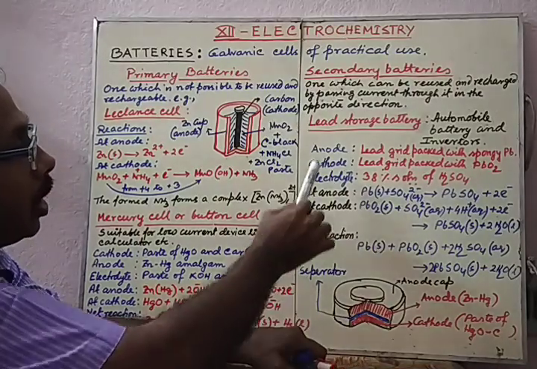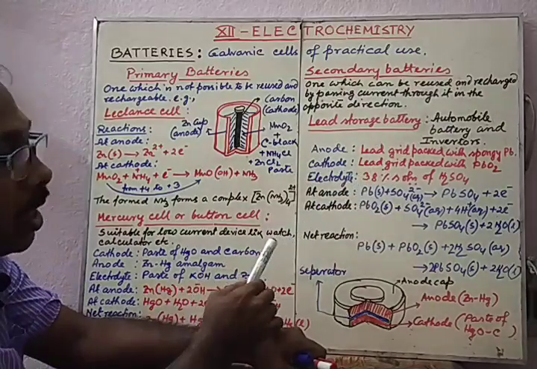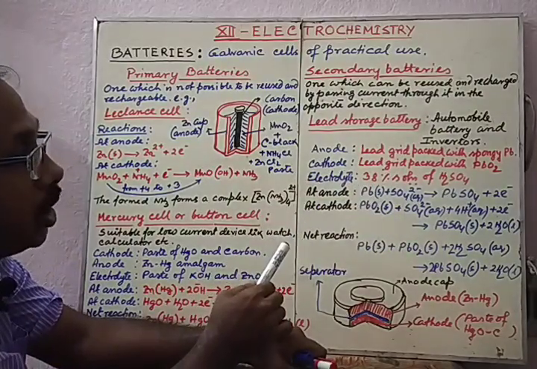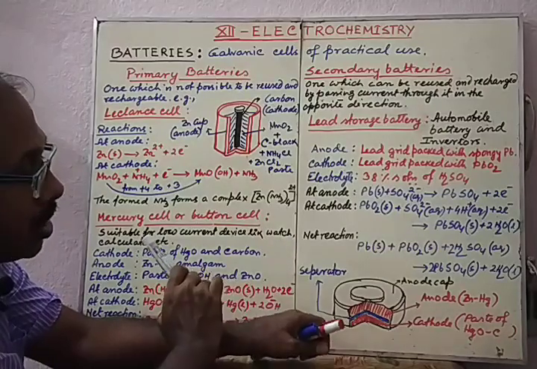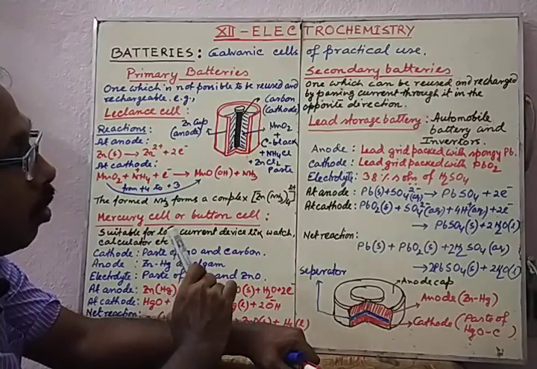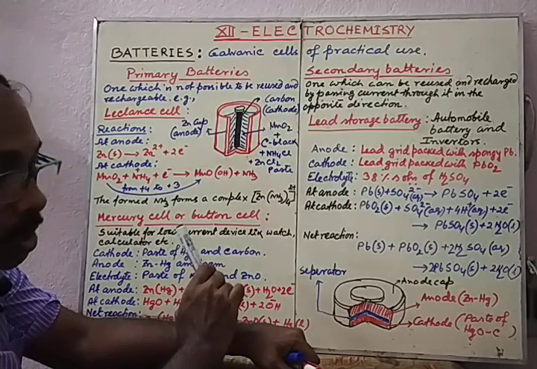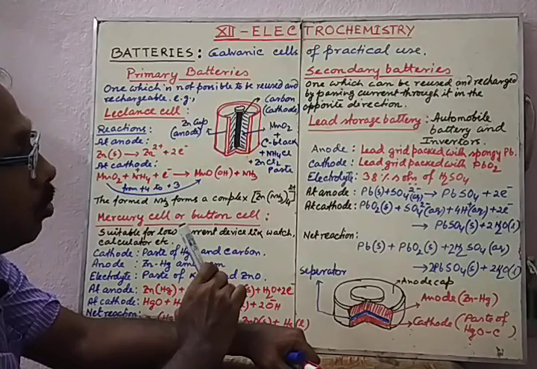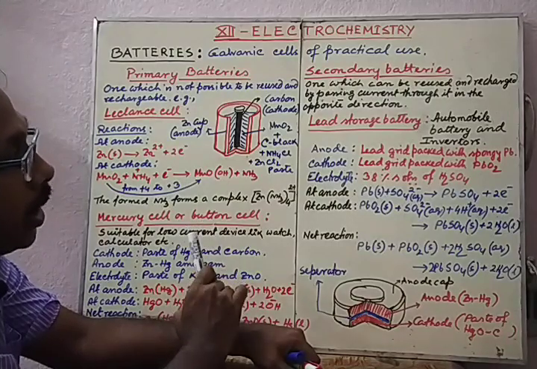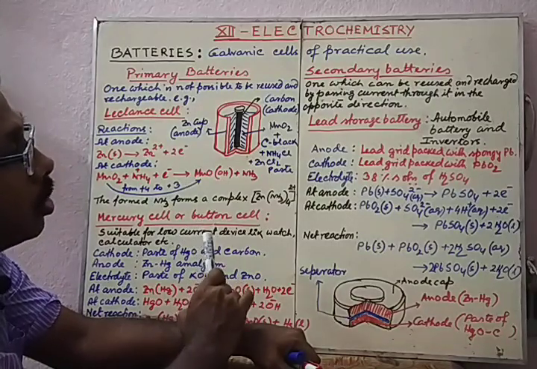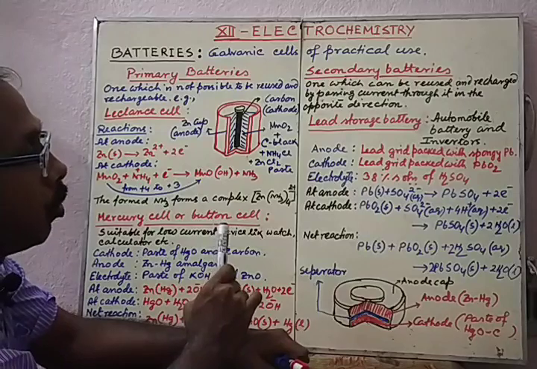Now here I have taken an example of the lead storage battery, which is widely used in automobiles, in cars, buses, and also in inverters. In our house we use an inverter, which is a secondary battery. So it is a very important one.